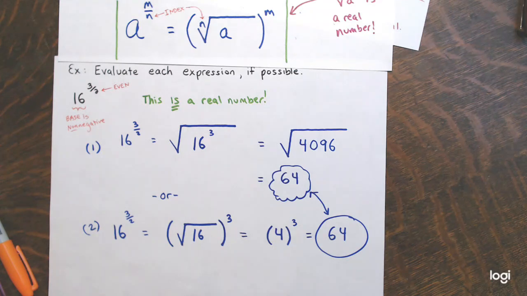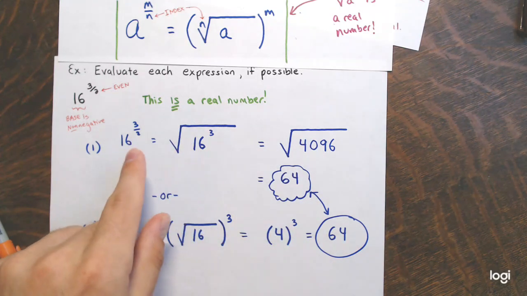Okay, wonderful. Now I actually prefer this second method. I prefer that because when you take the root of the base first, that ends up with a smaller number, and then you raise to the numerator of the power.